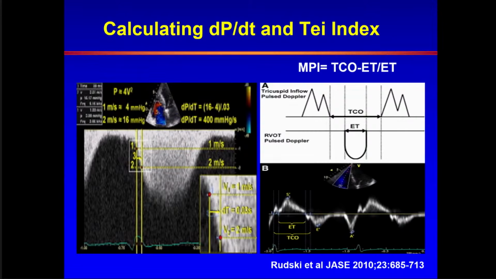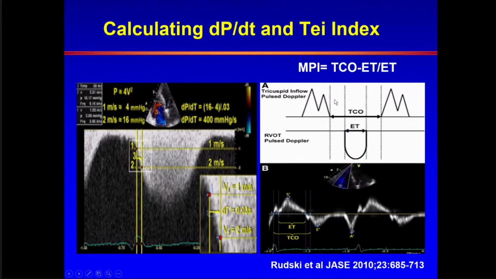The ejection time is obtained from the RV outflow tract, which is in a different view than that used to acquire tricuspid inflow, basically the apical view. One approach that avoids multiple views and different RR intervals, although there will be some variation in the RR interval still that you have to consider, is relying on the tricuspid regurgitation jet.